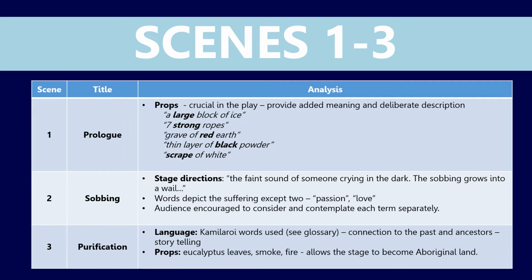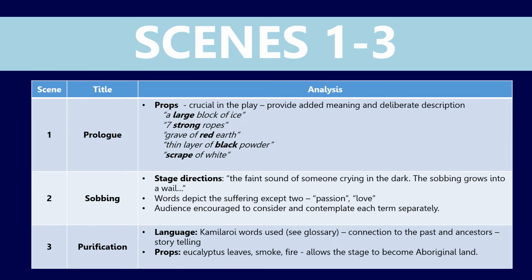If you think about the 7 strong ropes, again, they're meant to sort of symbolise the 7 stages of Aboriginal history. But the fact that they're so strong too, and the fact that they are ropes, can be connected to the genocide which occurred.